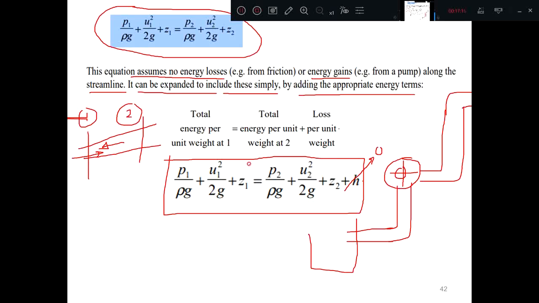I hope you understood this one. While solving a problem you will understand. This equation is useful for real fluids and this equation is for ideal fluid. So remember, this equation is for ideal fluid, and this equation is for real fluid.